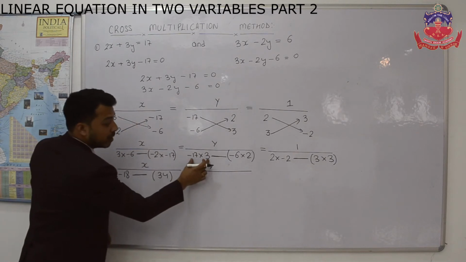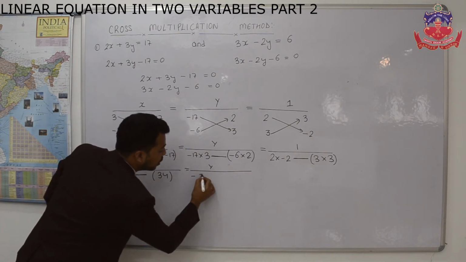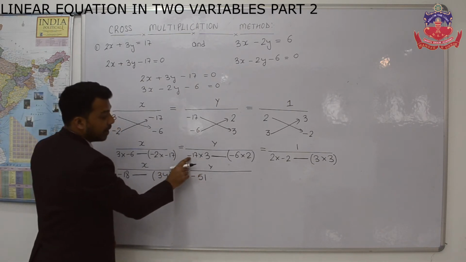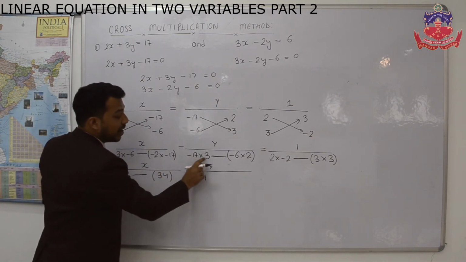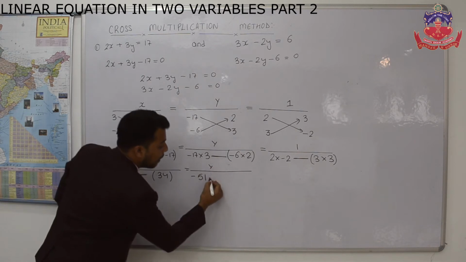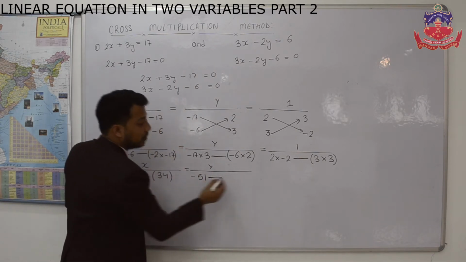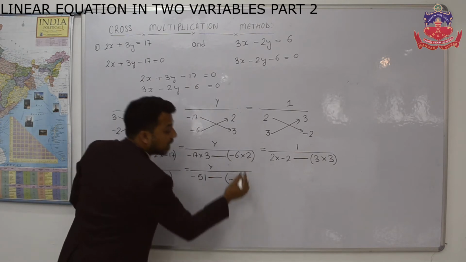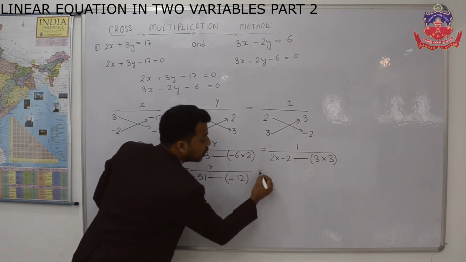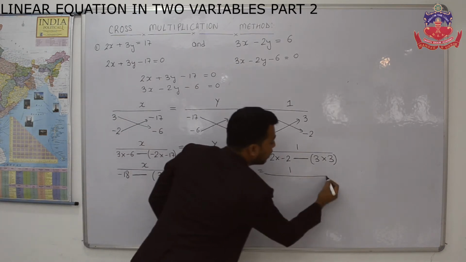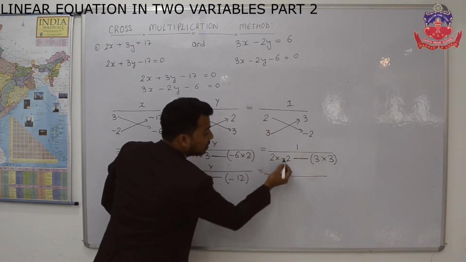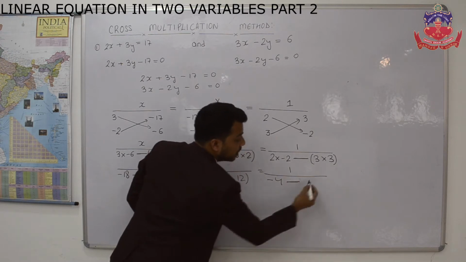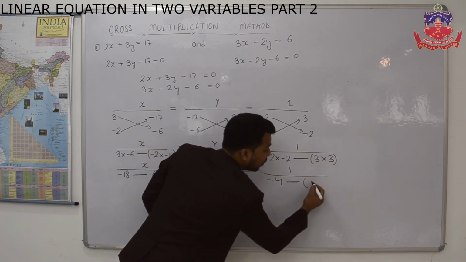Here the first part will give you minus 51. How come minus? This is plus, this is minus, so plus minus will give you minus. 17 into 3 is 51. Formula sign minus, inside the bracket you have plus minus, minus 6 2 is 12. Equals to 1 divided by, this will give you plus minus, minus 2 2 are 4. Formula sign minus, inside the bracket you have 3 3 are 9.